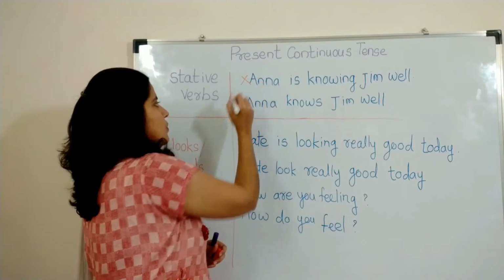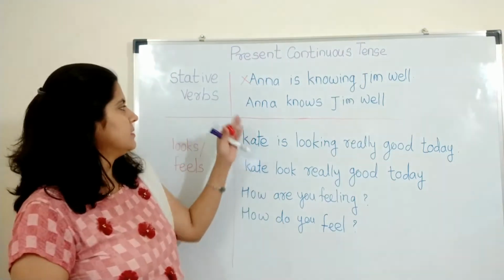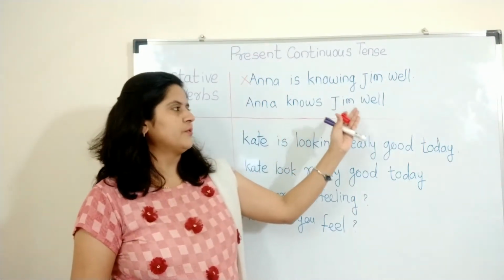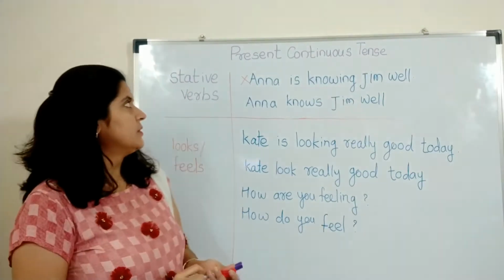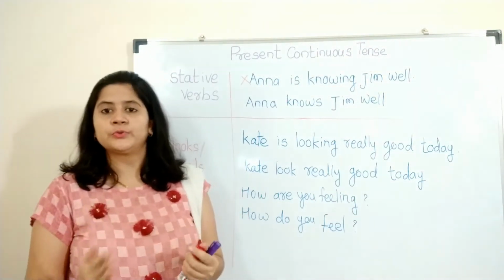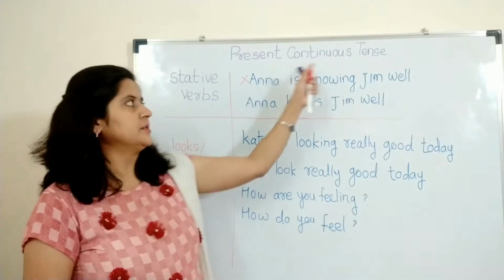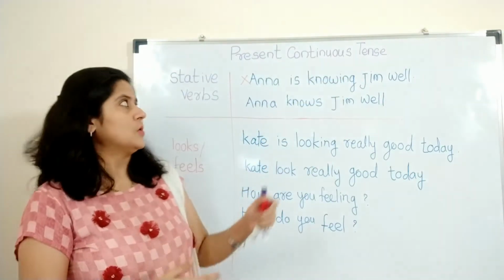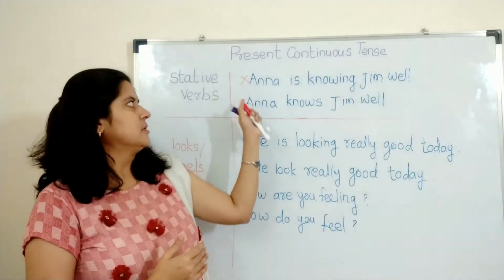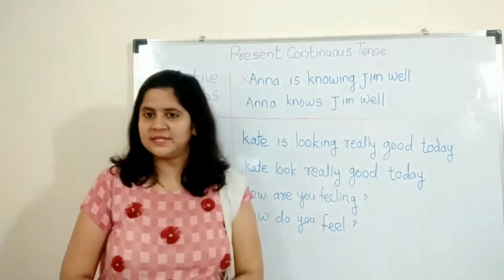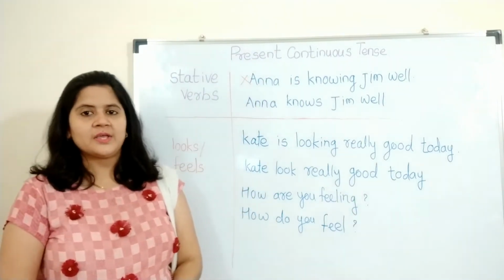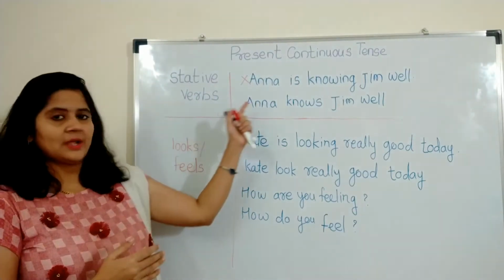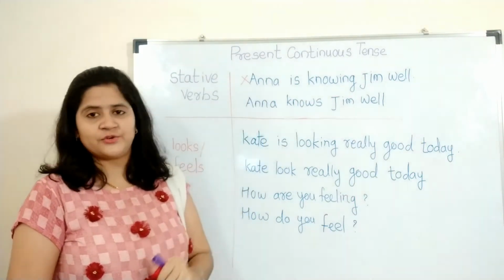Instead, we can say Anna knows Jim well, because we do not use stative verbs in any continuous tense. Also, we are not using stative verbs in present continuous tense. So, just remember that.